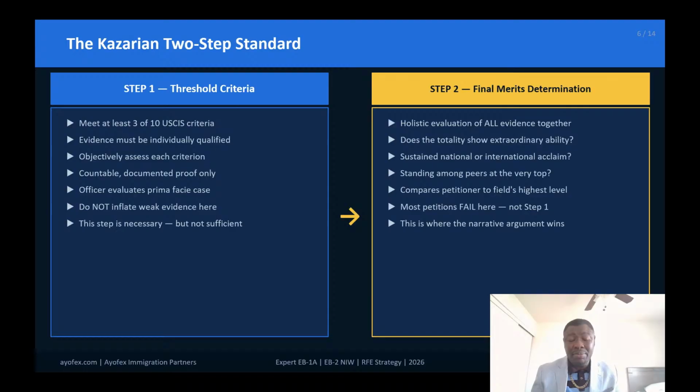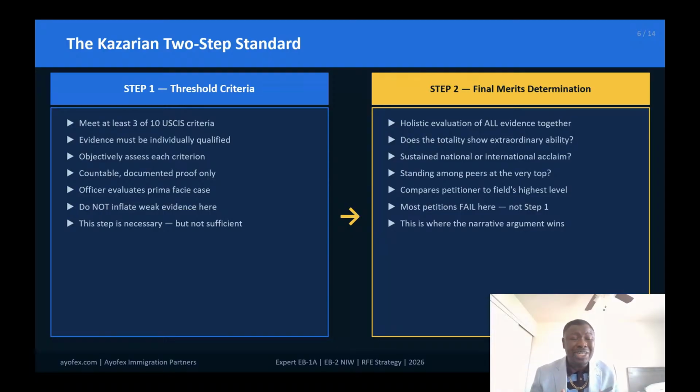It means that your evidence must be 51% more likely than not to be correct and true and to say what you're trying to say. So, if the officer believes that you are 51% more likely to be extraordinary or to have risen to the very top of your field, according to the law, they are supposed to approve the petition.